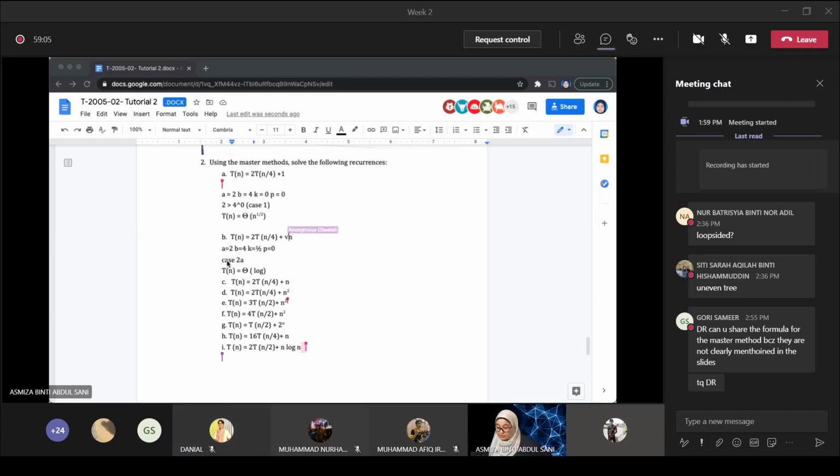So n to the power of K, square root n, log to the power of P plus 1, so log n. Why do you have log n? Log n only. Because it's case A. Okay, so that is B.